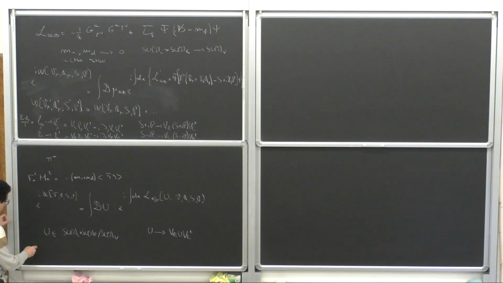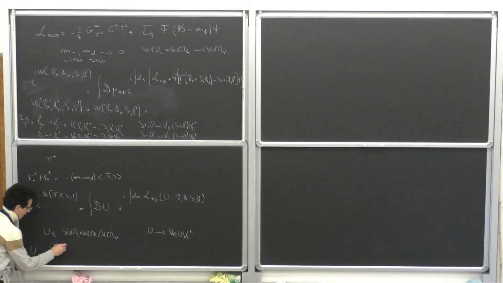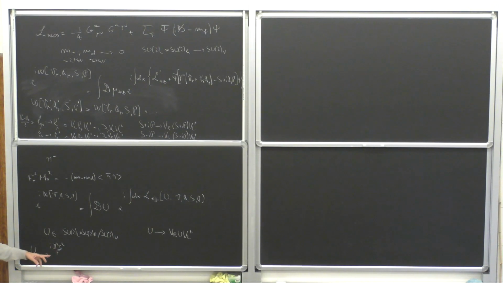Okay, and pions appear in different possibilities. We can parameterize this SU2 matrix in different ways. The canonical choice is to express the SU2 matrix like that: exponential of i pi^A tau^A over F. This is the canonical choice. Tau^A are the Pauli matrices, okay? And A is an isospin index, which runs from 1 to 3.